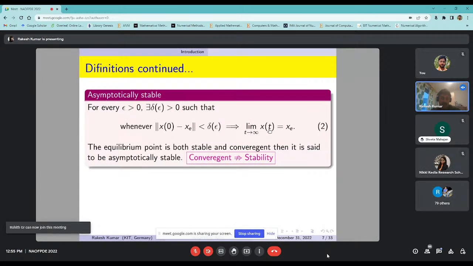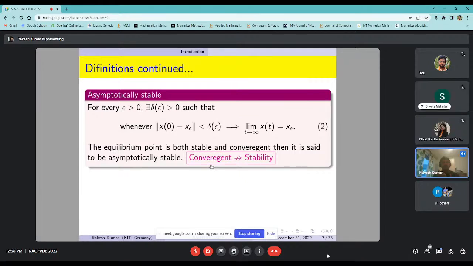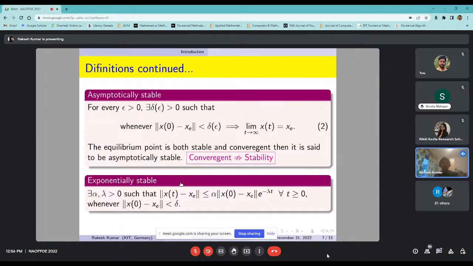But convergence does not imply stability. Then there is exponential stability, which is the most important stability, because if you find the exponential stability of a solution, you will also have the rate at which your solution is converging to the equilibrium point.